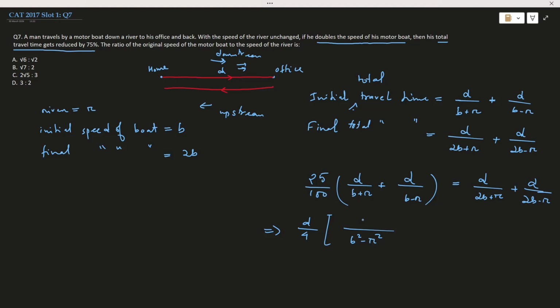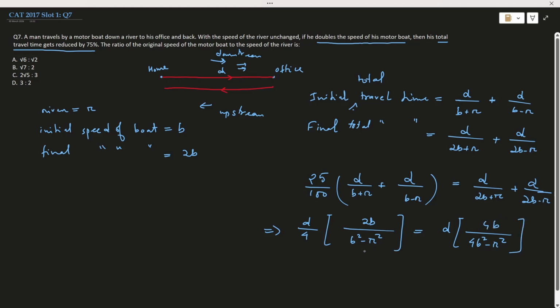Taking the LCM and then adding, I get 4b on top. So d cancelled, b cancelled, this 2 and this 4 get cancelled, so 4b square minus r square is equal to 8b square minus 8r square.